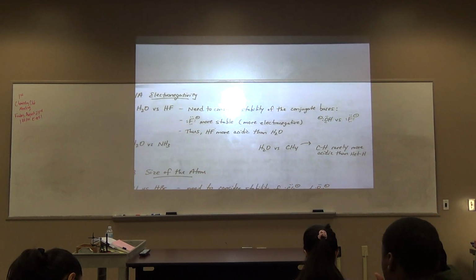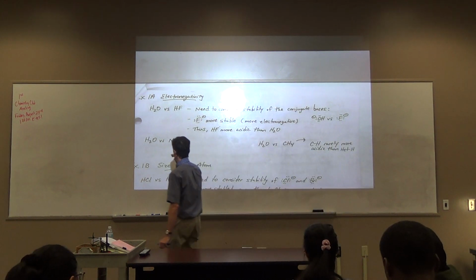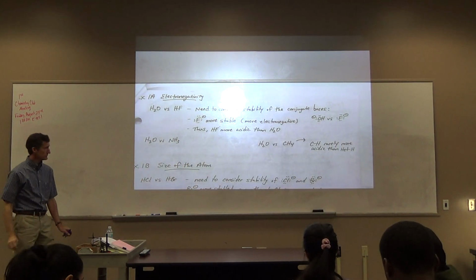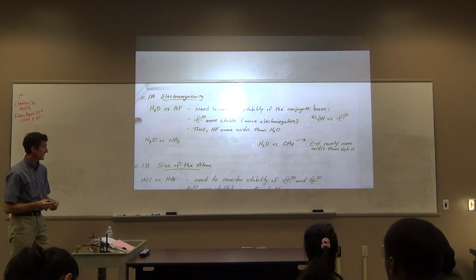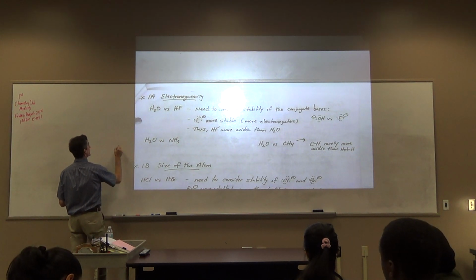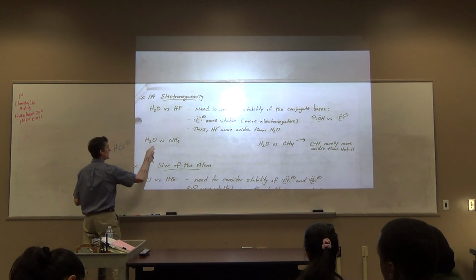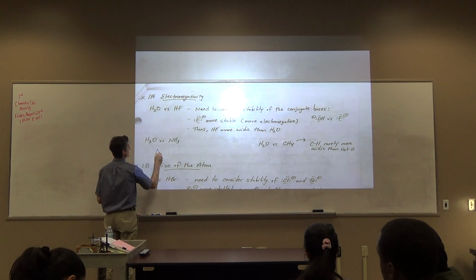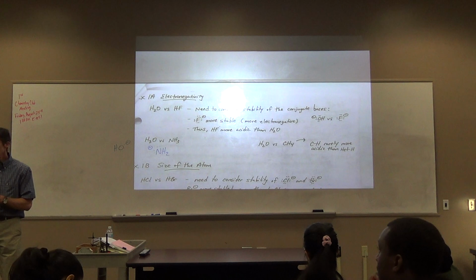Okay, let's get it in gear here. Which is a stronger acid, water or ammonia? What do we need to consider? Conjugate base. What's the conjugate base of water? Hydroxide. We've already showed that. Conjugate base of ammonia: NH2 minus. Okay, 2 lone pairs, right?